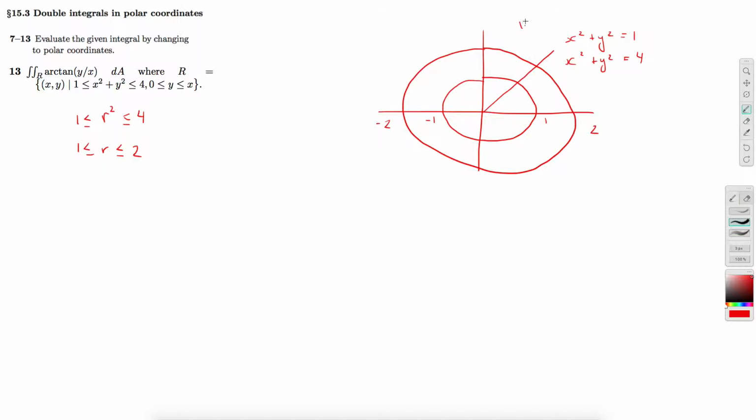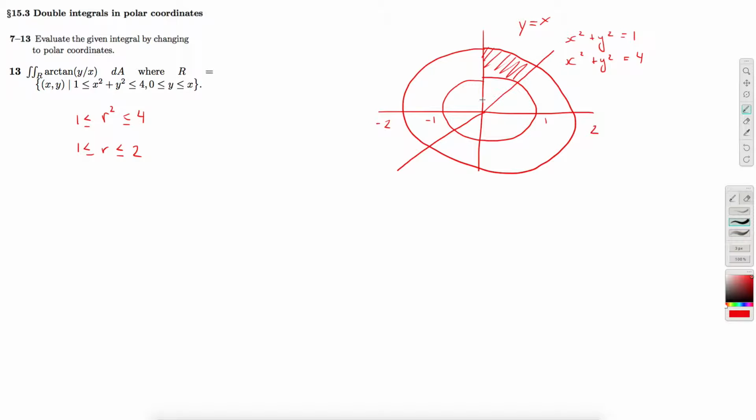Well, we know that this is y equals x. It's just a straight line. And this is just telling us that it exists between 0 and x. So just this region here. I think that's what it's saying.